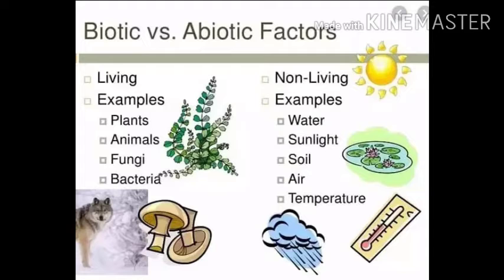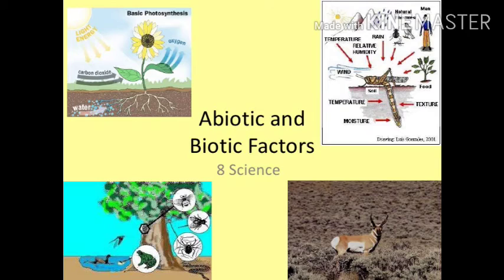They can feel. The living things can feel. They give birth to young ones. Animals will give birth to young ones. These are the differences of biotic and abiotic.